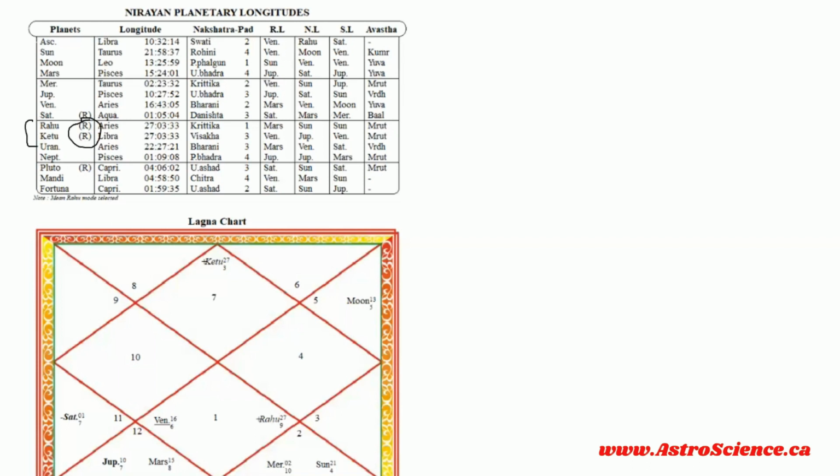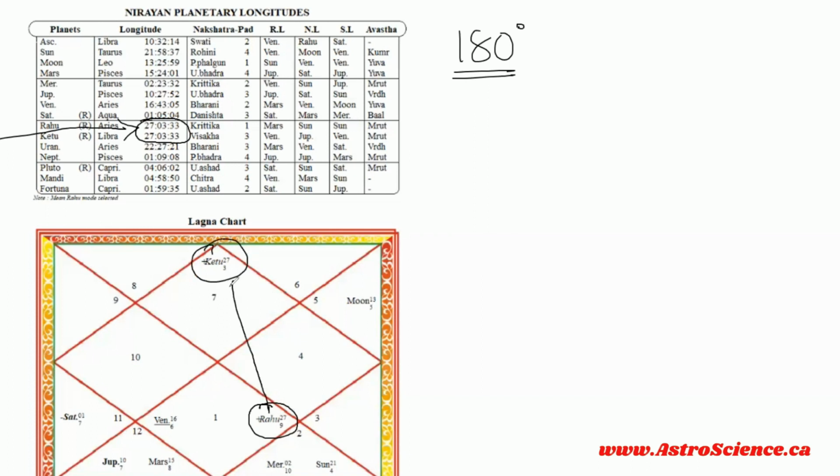Now here, one of the very good facts is, you will see the coordinates of Rahu and Ketu are exactly the same. That's because Rahu and Ketu are 180 degrees apart from each other, which means in this birth chart, you can see Rahu is over here in the sign of Aries right now, and Ketu is in the sign of Libra.